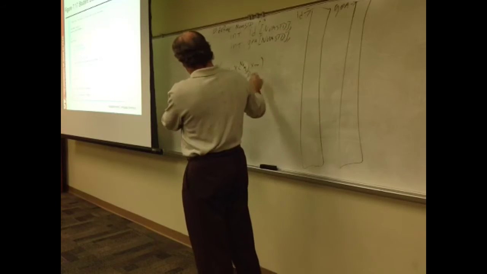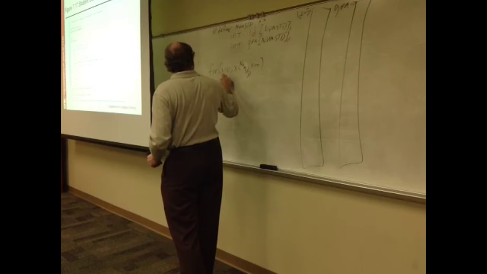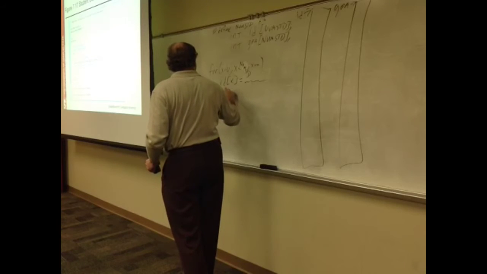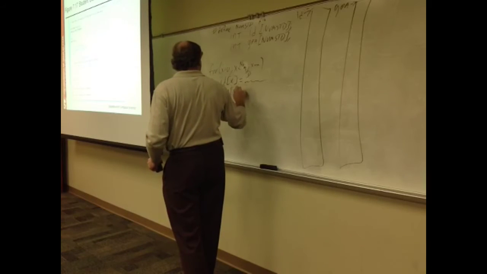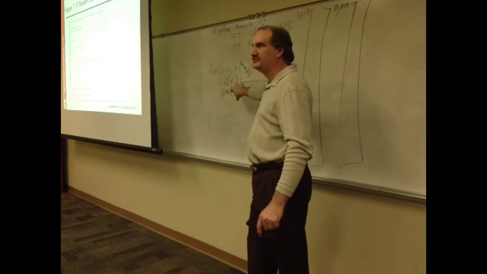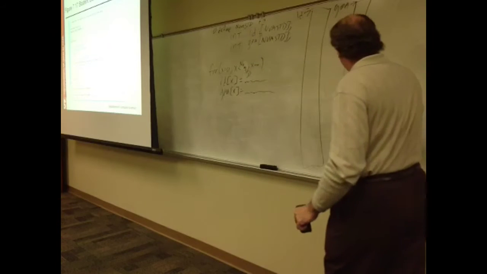So when we're doing stuff in here, now we can do things with ID sub X equals whatever, GPA sub X equals whatever. So we're going to be dealing with the same student, the same ID. We've got their data all here.